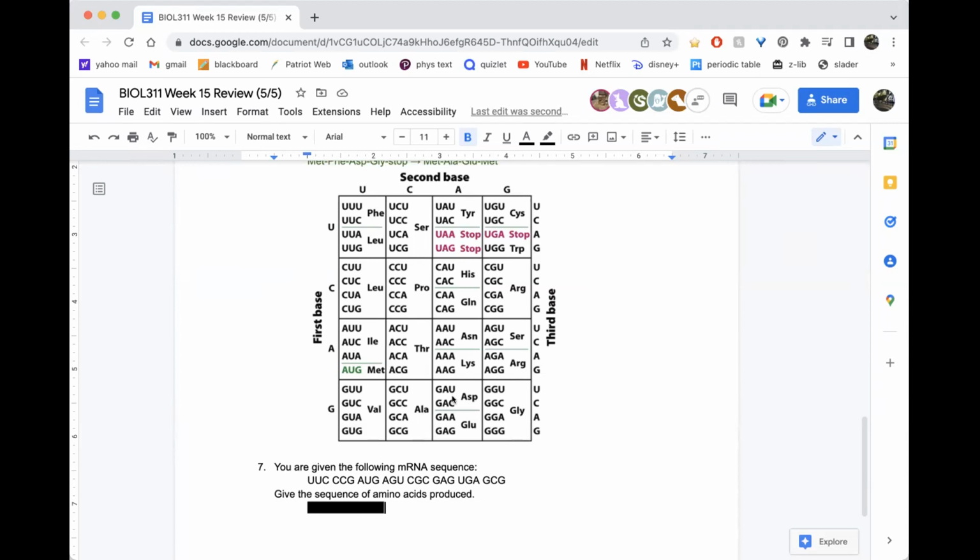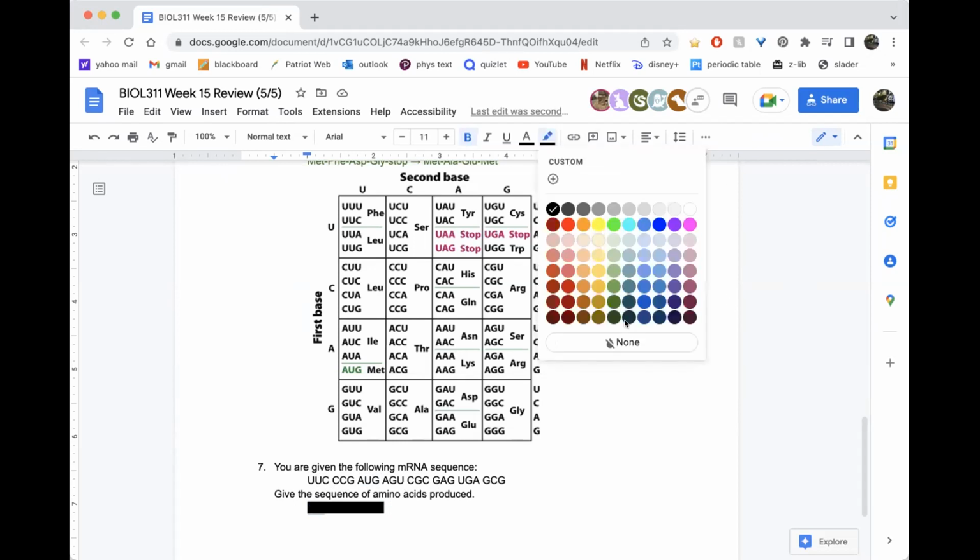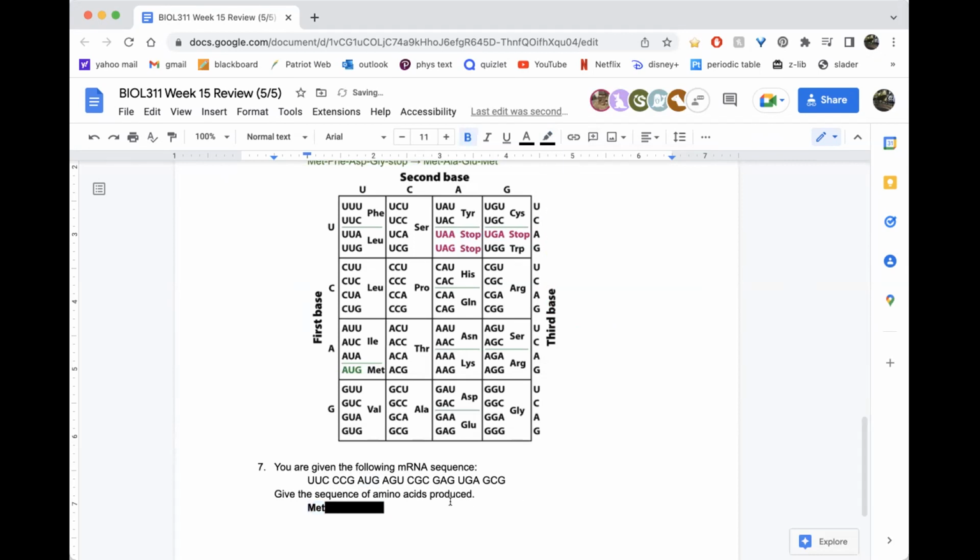This was kind of a trick in a way. We have these three codons before we get to AUG, which is our start codon. So you always have to start with AUG. And so these two that come before don't even matter because there was no start codon before it. And so we start with methionine. And then can anybody tell me what the next one would be?